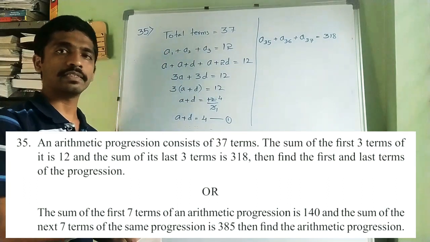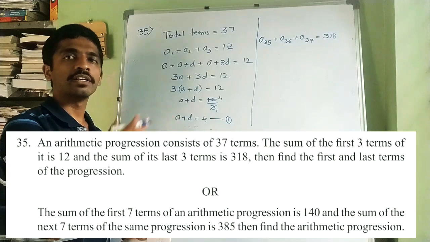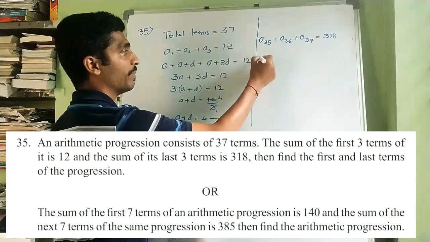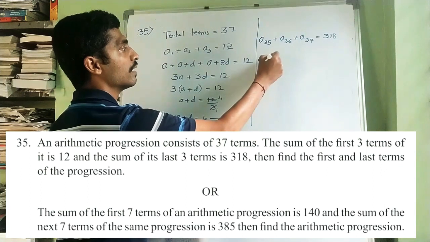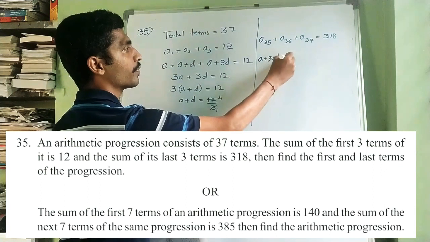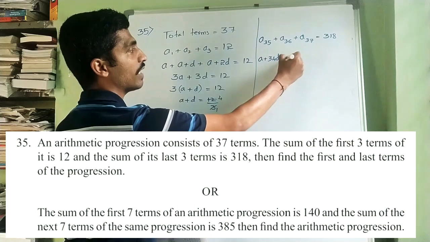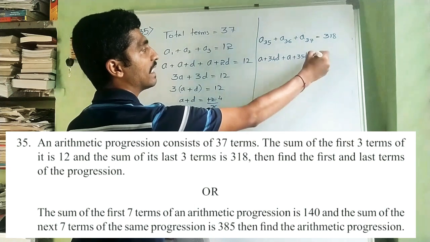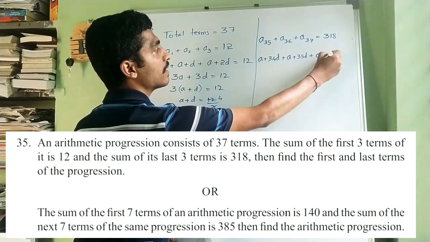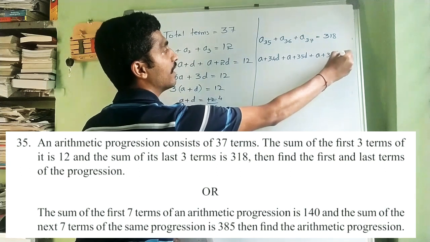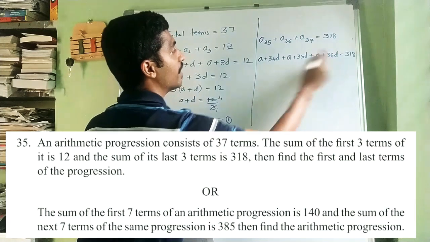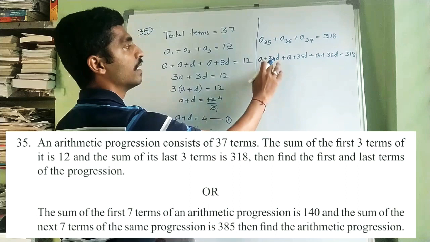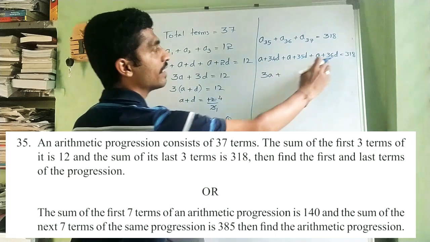So now again same thing, for getting an equation, write in terms of A and D. So A35 means A plus 34D, A36, how to write? A plus 35D. A37, how to write? A plus 36D equal to 318. A plus A plus A, it will be 3A plus 34D, 35D, 36D.